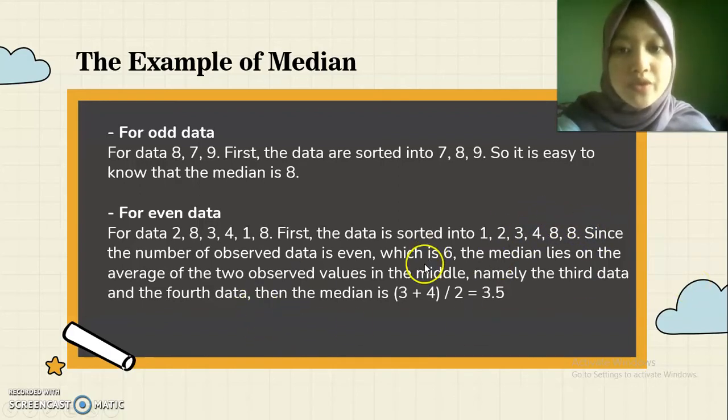Third and fourth is number 3 and number 4. So the median is 3 plus 4, divided by 2, and we get the median 3.5. That's the simple example of median.